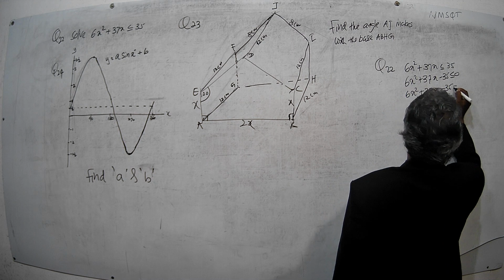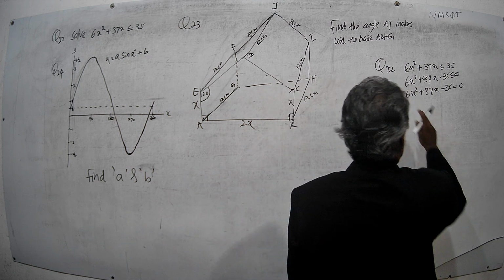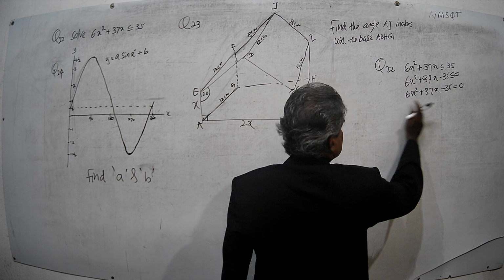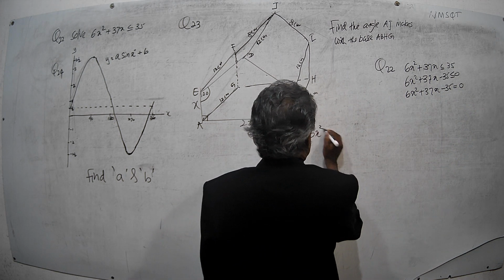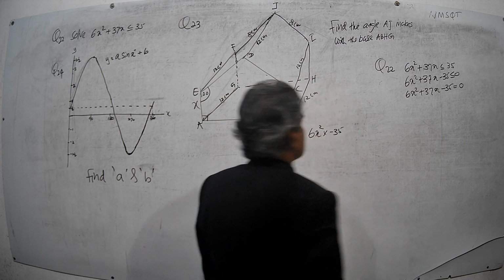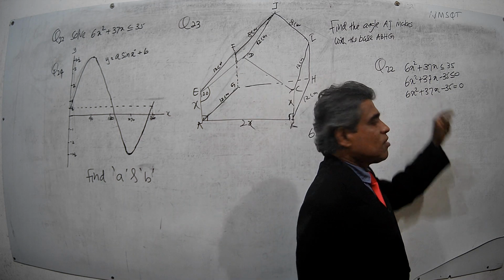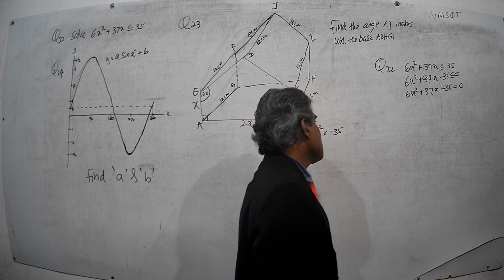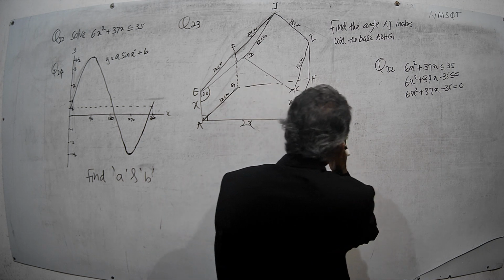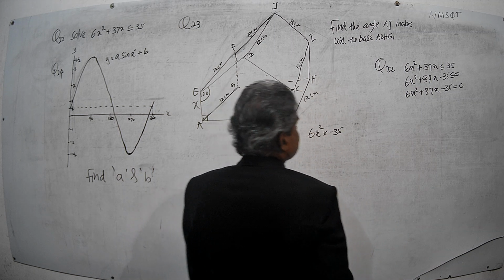We take the equation with minus 35. Then we factorize this quadratic and see whether we can factorize it. You multiply these two together, 6x squared into negative 35. Then we have to factorize this product so that the sum of the two factors gives positive 37.